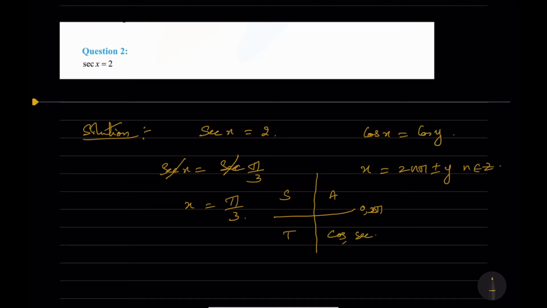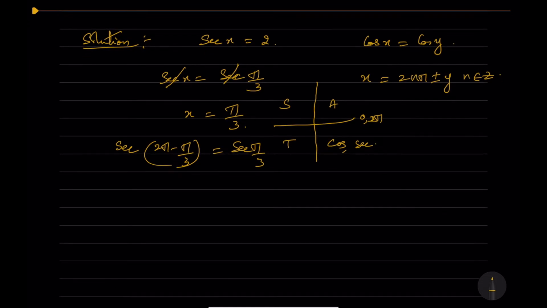So we are taking the fourth quadrant, and we can write 2 pi minus theta. Secant of 2 pi minus theta is secant theta again. So you can write this as secant of 2 pi minus pi by 3, which is again equal to secant pi by 3.